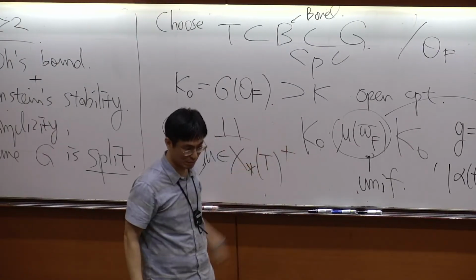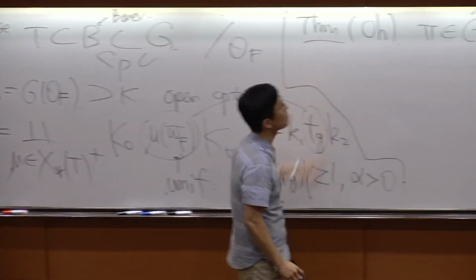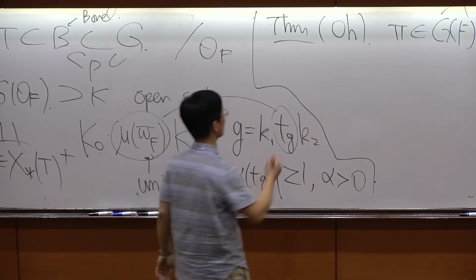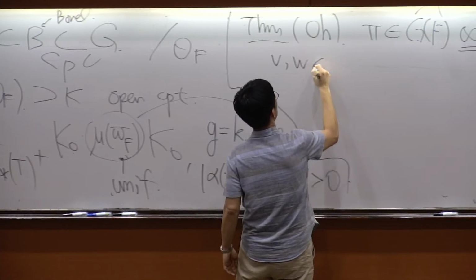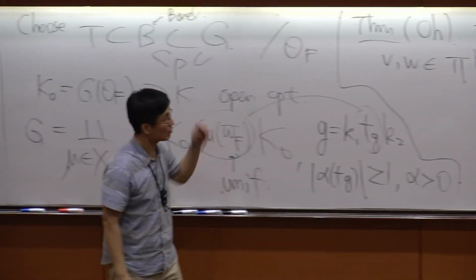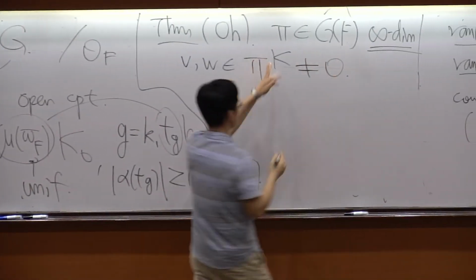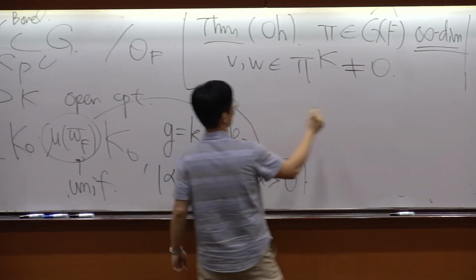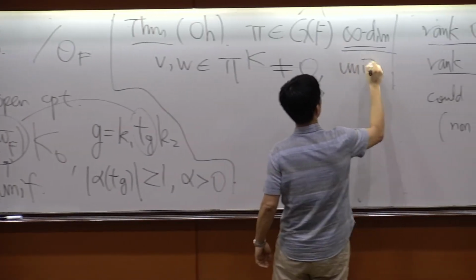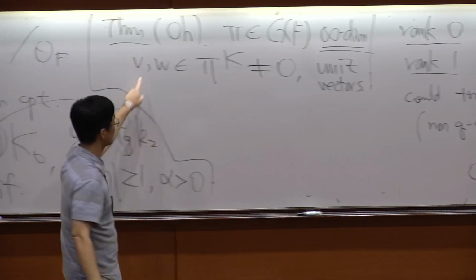And it's a kind of simpler version of her result. And then I take v, w to be K-invariant vectors in my unitary representation, which you can just assume to be non-zero by taking K to be small enough. And let's say these are unit vectors in the unitary representation.